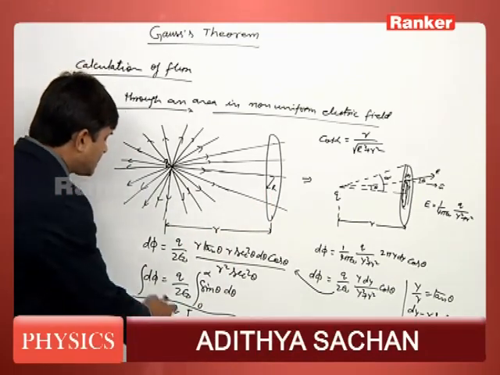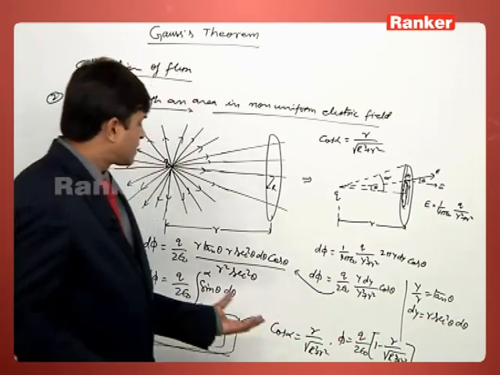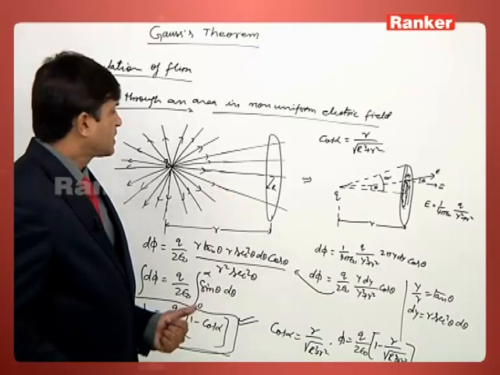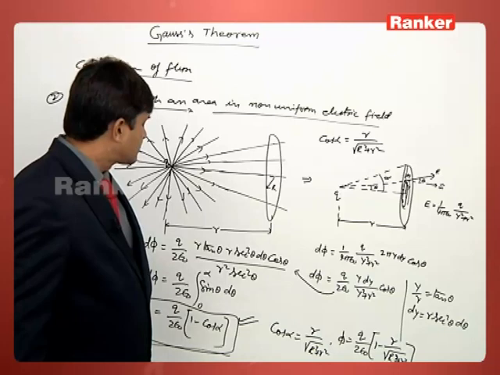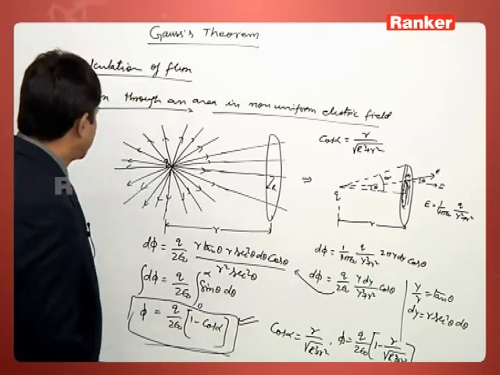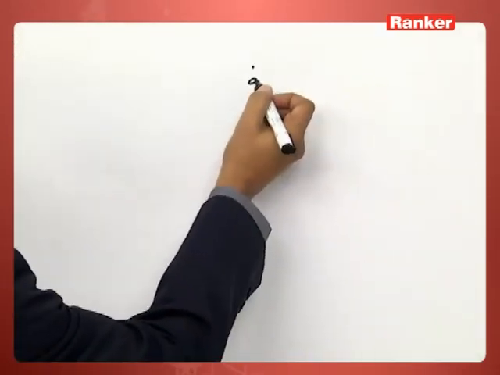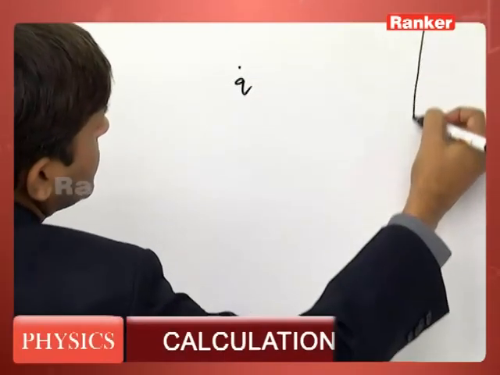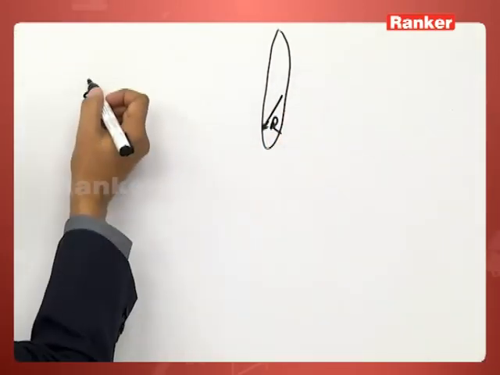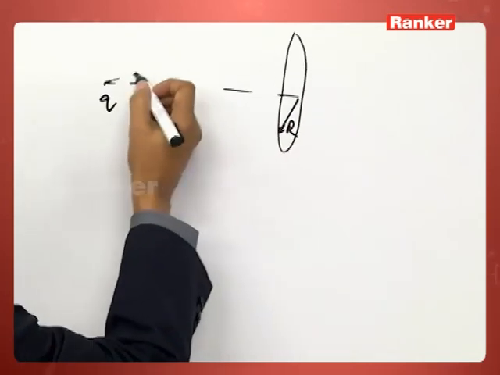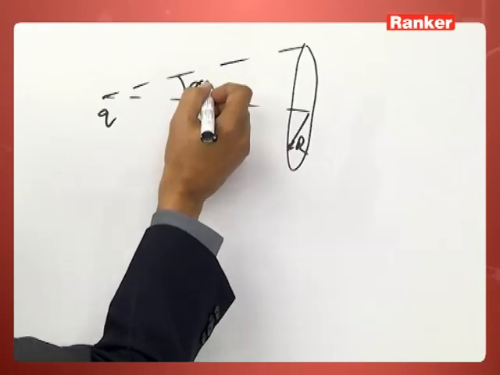And this result can be used in a number of places which are very similar to the same situation. Let us see one or two examples, from which you may get a better idea of how to use this relation in further cases. As we saw, the flux through a ring of radius R from this point charge can be given by this expression. This angle we took as alpha.